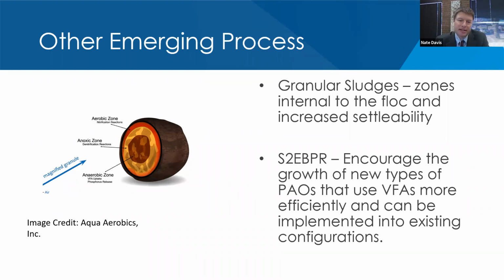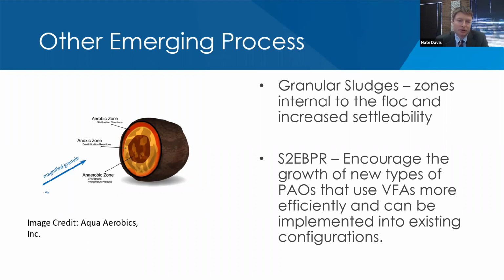What they found is if you have this reactor that's fermenting a portion of your return activated sludge, say like 10 to 15% of your return activated sludge in an unaerated tank that's holding it to ferment it, that stresses the microbes and encourages the growth of a newly discovered PAO called Tetrasphaera, that's actually capable of using volatile fatty acids in a much more efficient manner than some of the more traditional PAOs.